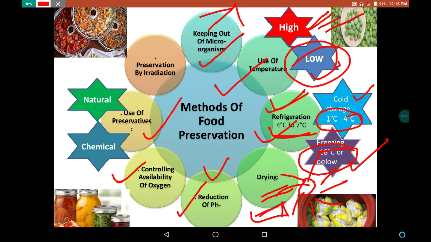Another is use of preservatives. There are two types of preservatives, natural and chemical.